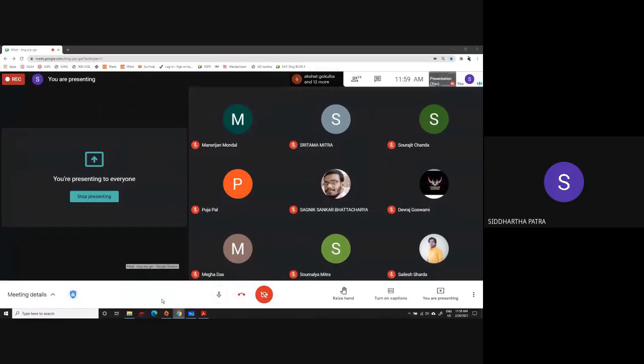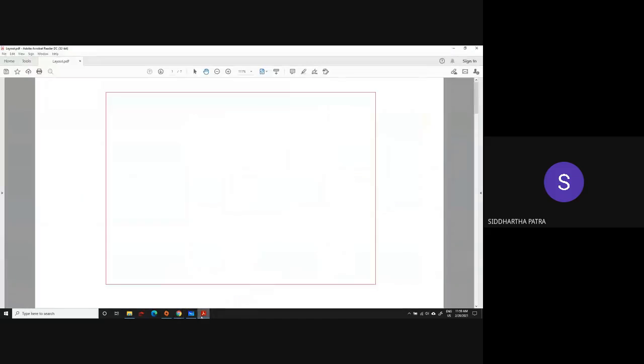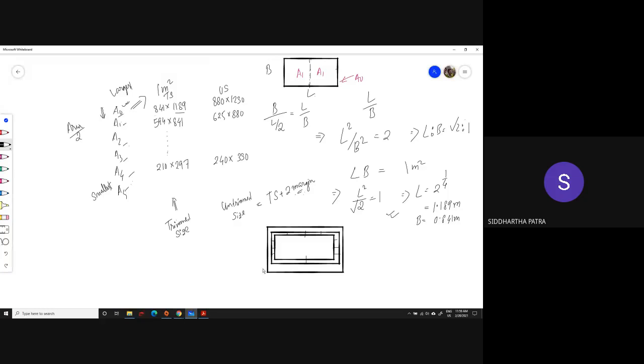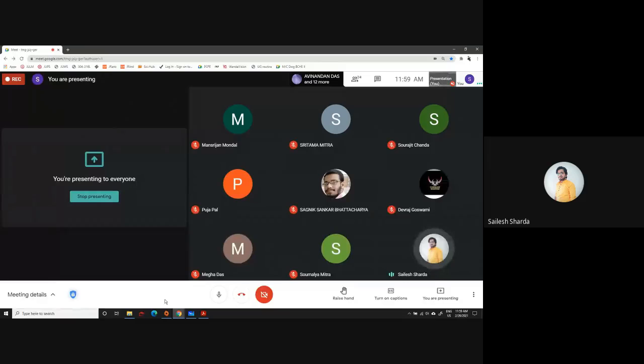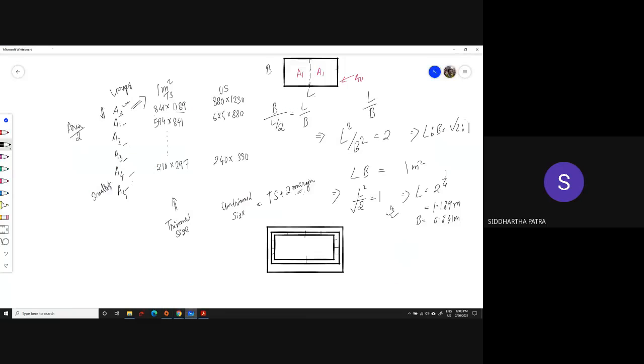Could you follow the untrimmed size? No, sir, you got disconnected. We were discussing them, and we got the length. Sir, we got the value of the breadth. Then sir, you got disconnected. Okay, so you got the value of B and then it was disconnected. Okay.